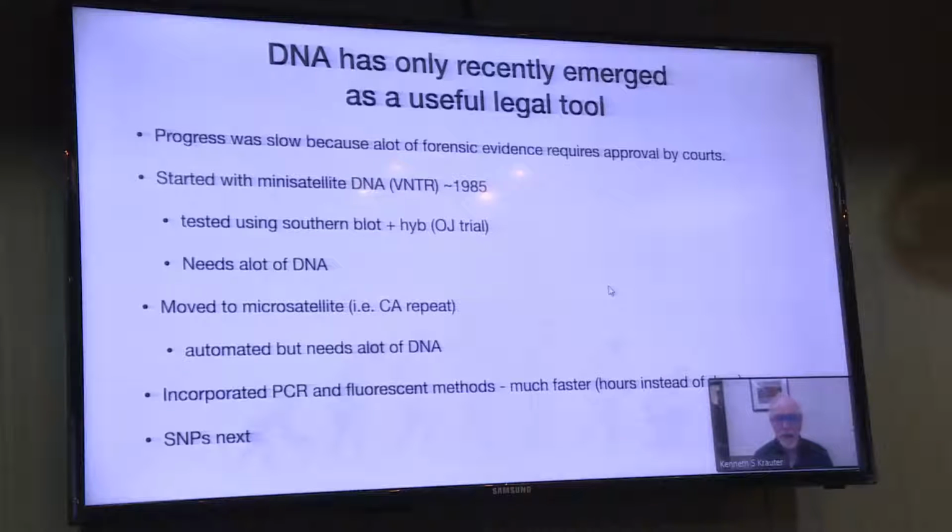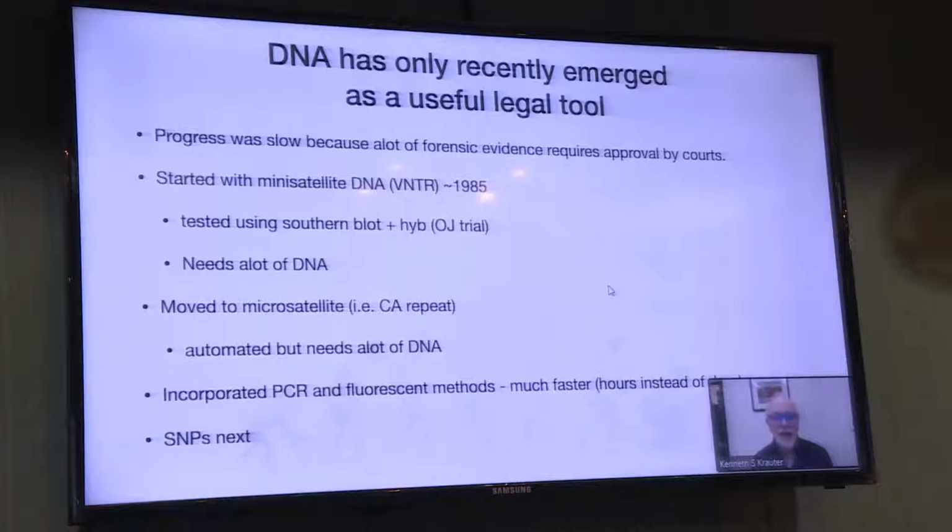The adoption of using DNA as a forensic tool has been quite slow, and some of the reasons for that are, number one, the only way such evidence can be used in a legal proceeding is when the courts allow it. It's not something the legislature can say you must use. It must evolve as a legal tool by courts allowing a prosecutor to use it in a court of law.